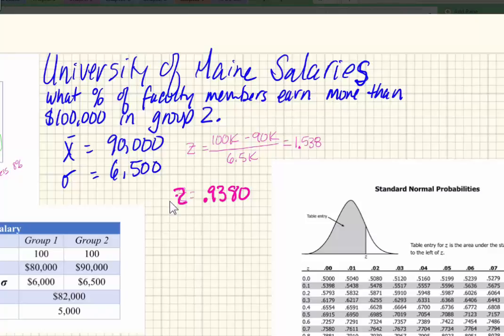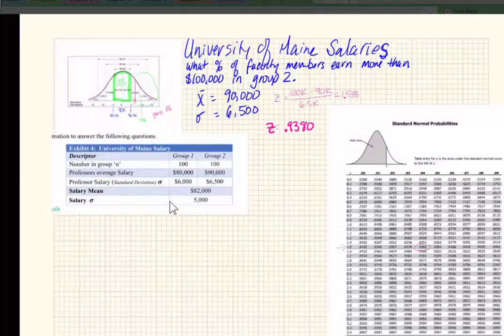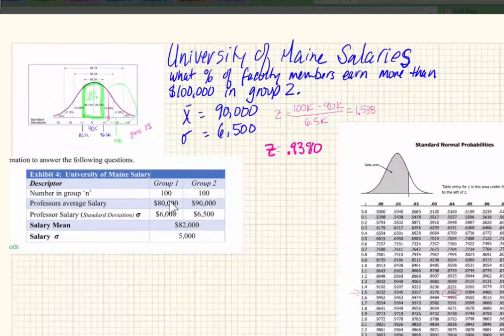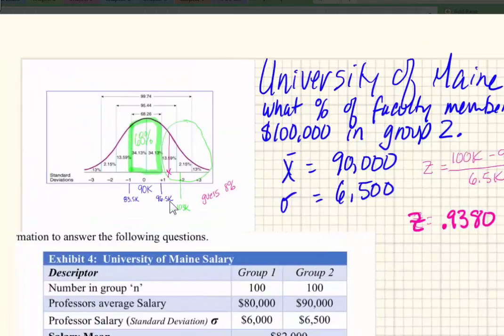So let's go back over here and take a look at our chart that we made and reinterpret what we have here. What our z value tells us is that our value right here is indeed 93% of the normal distribution, 93.8%.